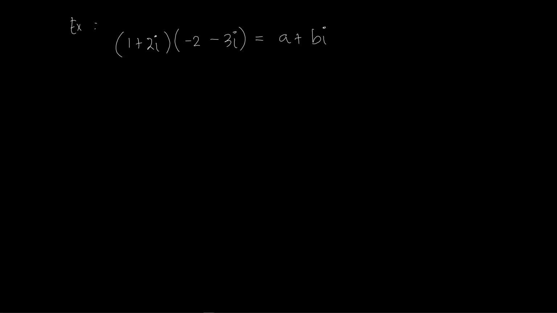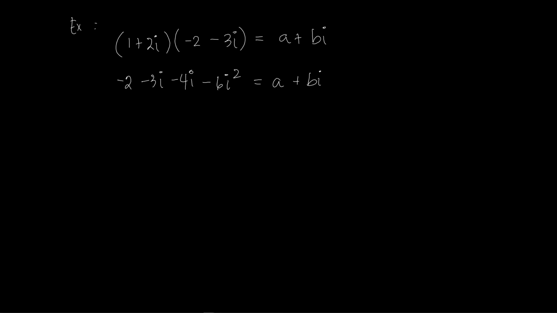Okay, so paano ba yan? So, distribute lang natin ito, FOIL method lang natin ito. Magiging negative 2, then negative 3i, then ayan, magiging negative 4i. Ito naman, yung last magiging negative 6i squared is equal to a plus bi.